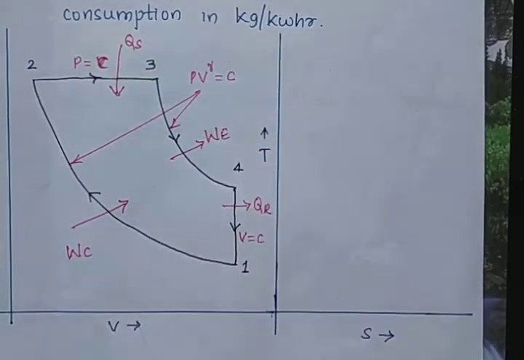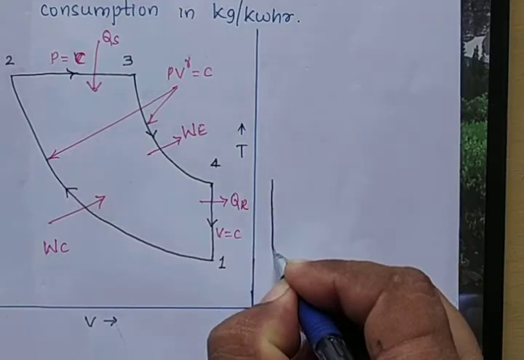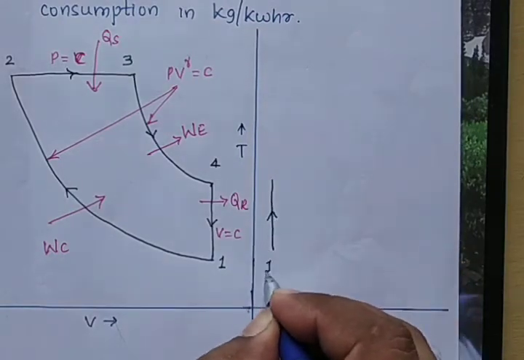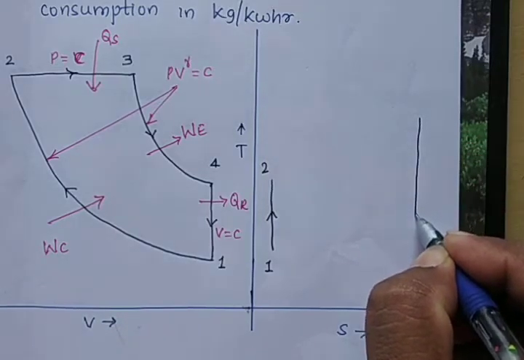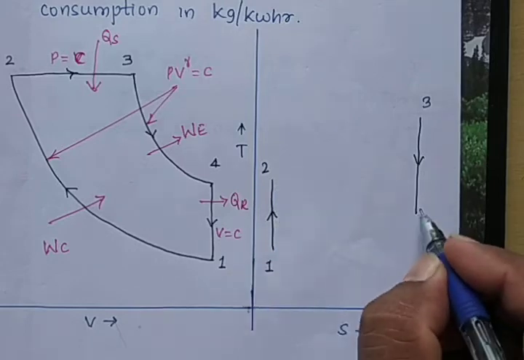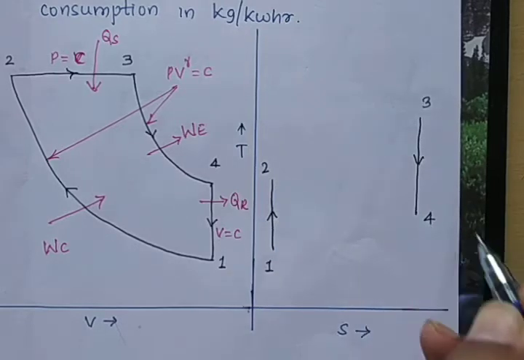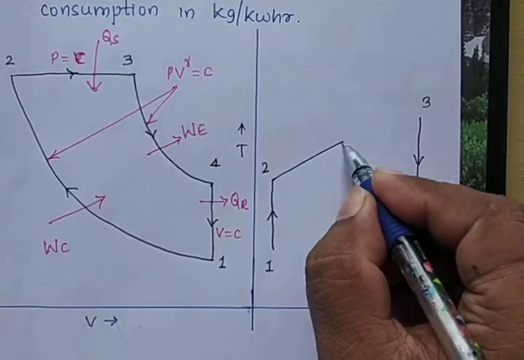The same thing can be represented on a TS diagram. 1 to 2 isentropic compression, then 3 to 4 isentropic expansion, and join 2 to 3.